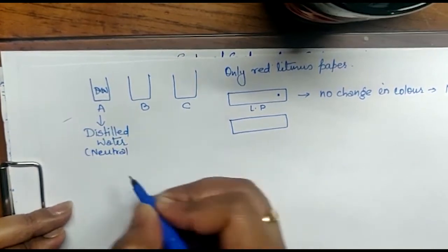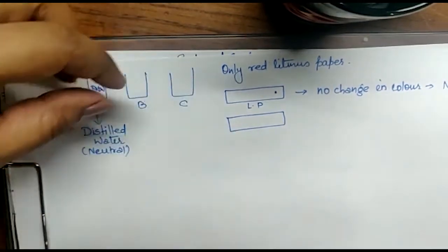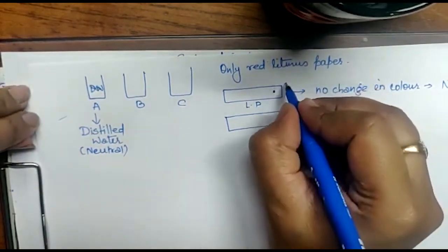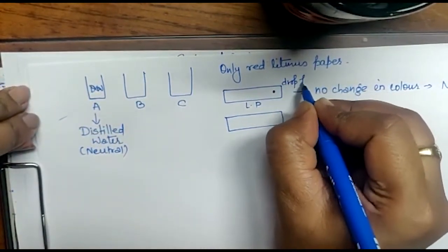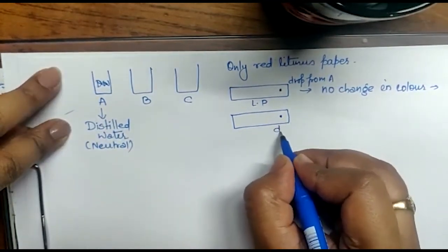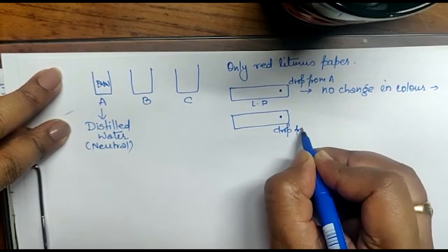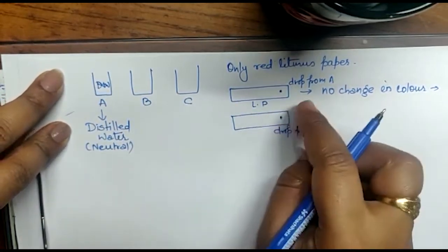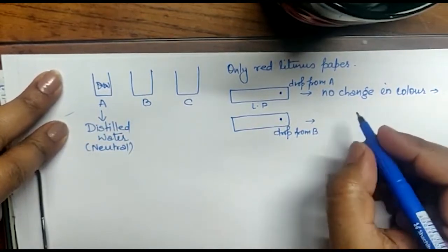Now suppose I have taken a drop from B, and the color of this litmus paper changed into blue.